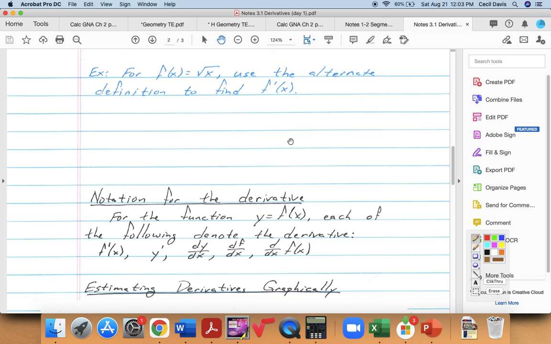Use the alternate derivative to find, let's not find f prime of x. Let's do f prime at 4. So f prime at 4 is going to be the limit as x approaches 4 of, let's go back up to that real quick.